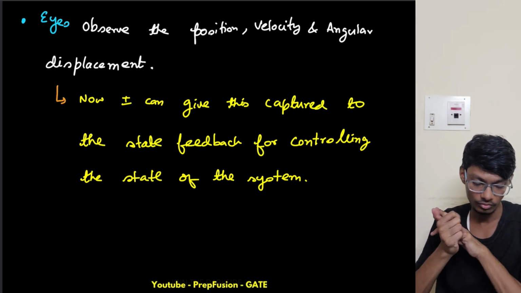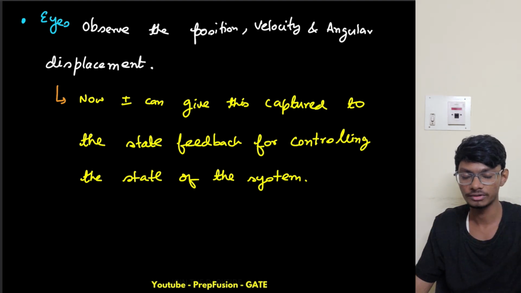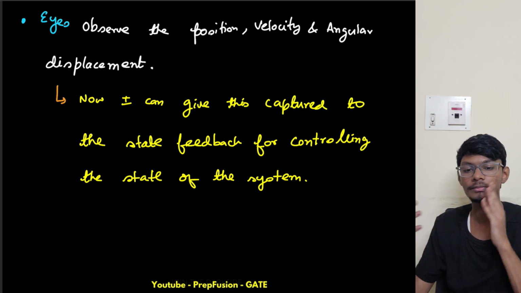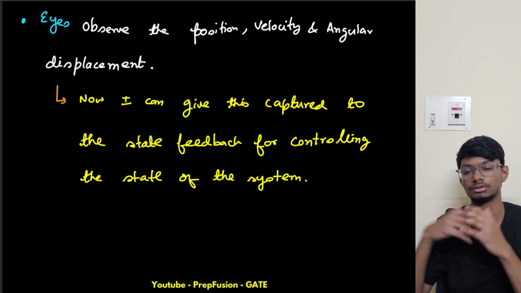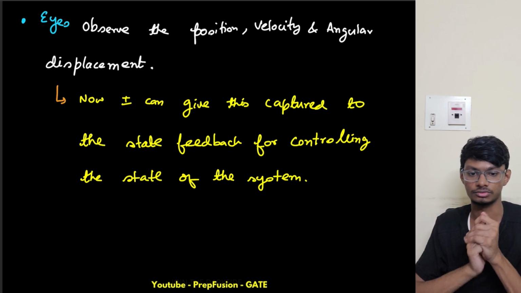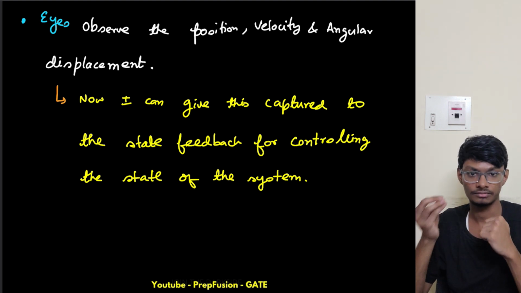Now what happens if I close my eyes? If I close my eyes, I'm not able to observe anything. So I won't be able to know the position of the shape, the acceleration of the shape, and the angular displacement of the shape. So then I won't be able to observe the states.